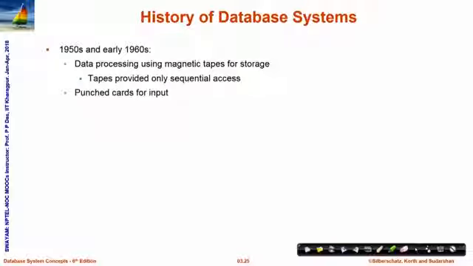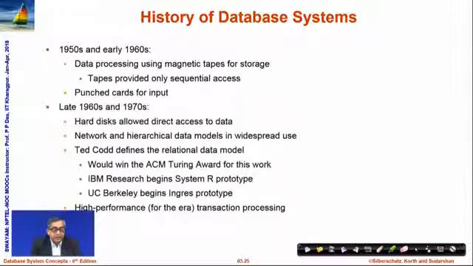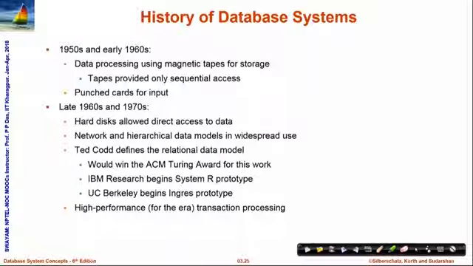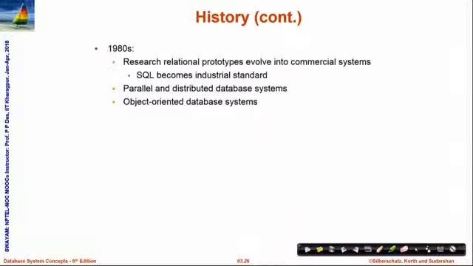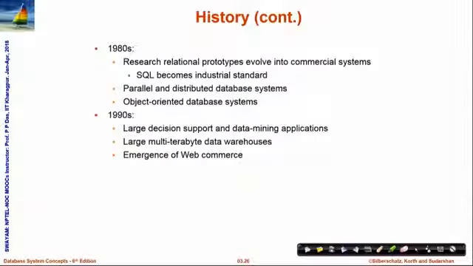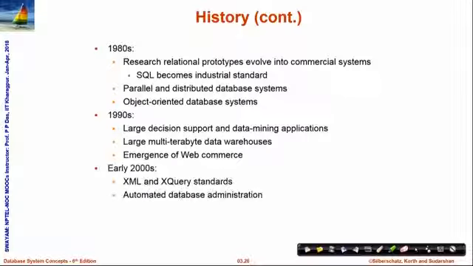Database systems started in the 50s and early 60s, then major developments of the relational model started happening in the 70s and 80s. It really proliferated in terms of prototypes and commercial systems; parallel, distributed and object based systems started happening in the 80s. In the 90s it really exploded in terms of large decision support and data mining applications, widespread use of internet based data applications and systems, the emergence of Google and all that.